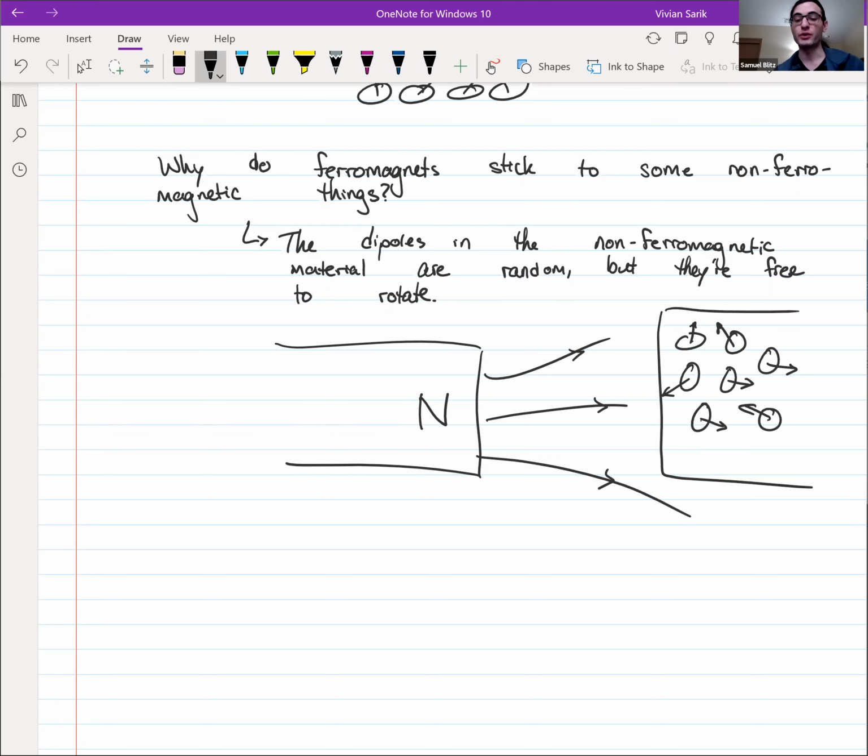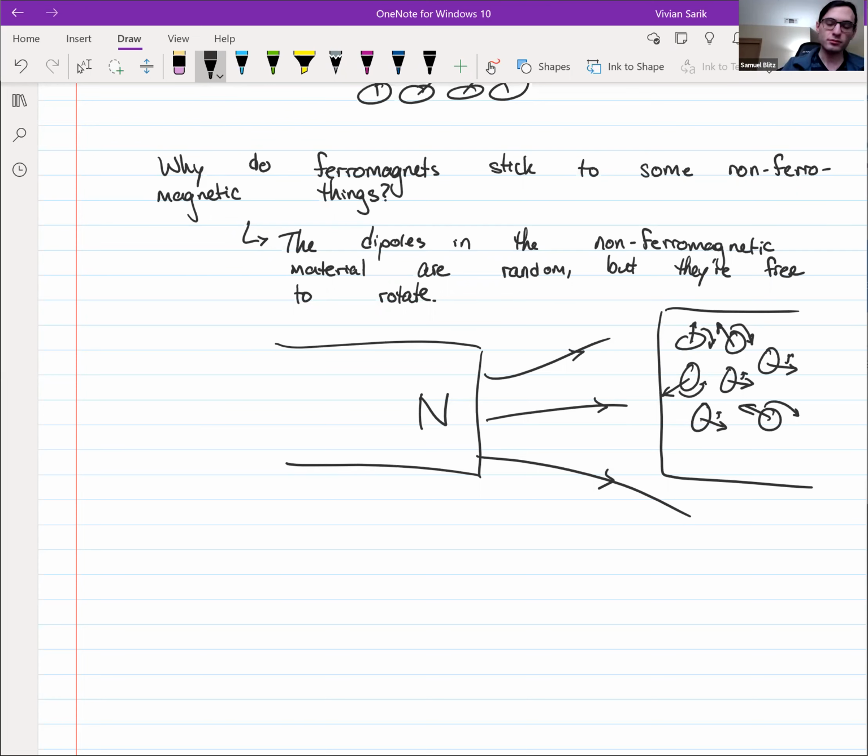But under the influence of this magnetic field, we know what happens to dipole moments that are free to rotate. They experience a torque, and so all of these dipole moments in this separate type of material experience a torque that lines up their dipole moments with the external magnetic field.